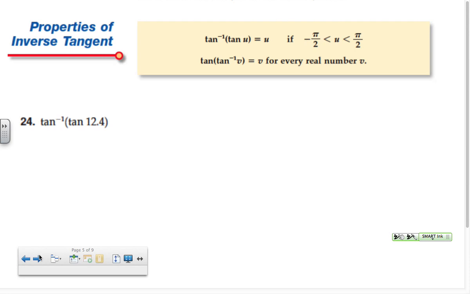But in this case, we have to put it in the calculator: tangent inverse, tangent 12.4, and I get negative 0.1664. If your calculator is in degree mode, more than likely it will give you the answer of 12.4, or in the last case 3.5, because the values are different for degrees than they are for radians. So make sure that your calculator is in radian mode.